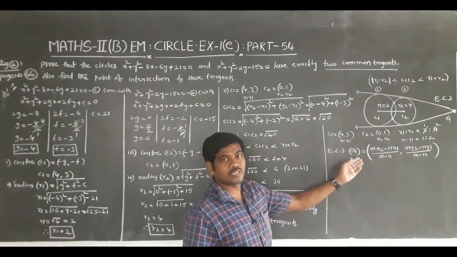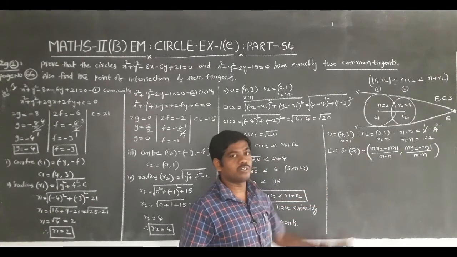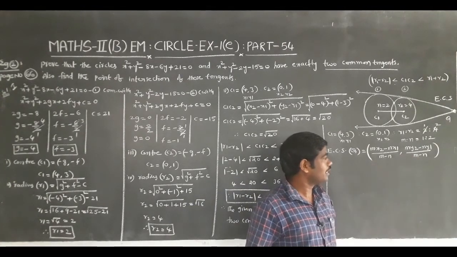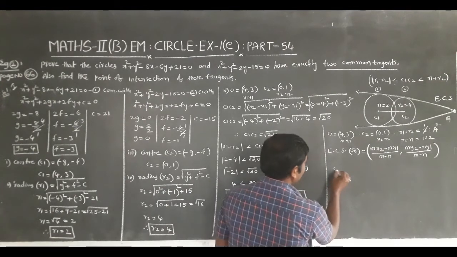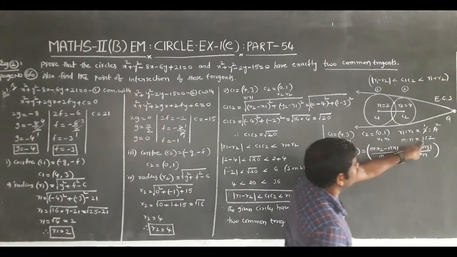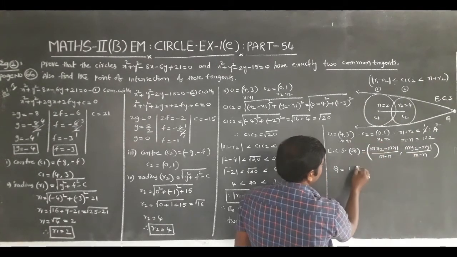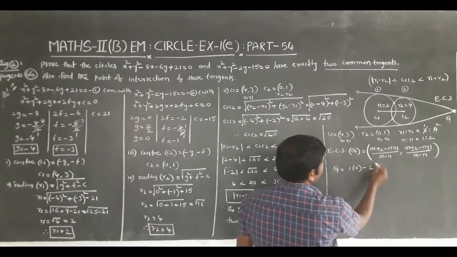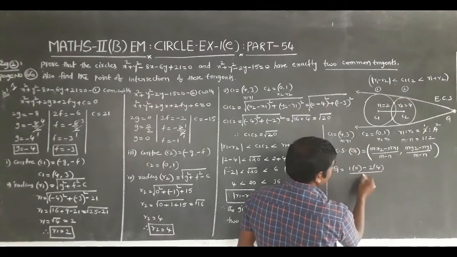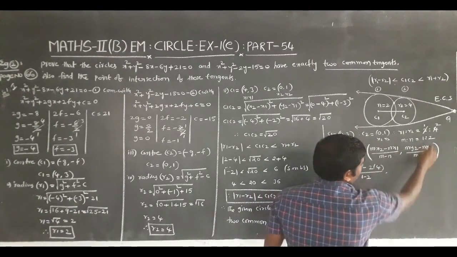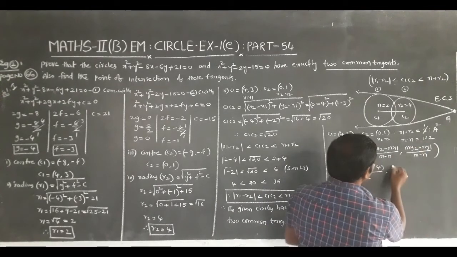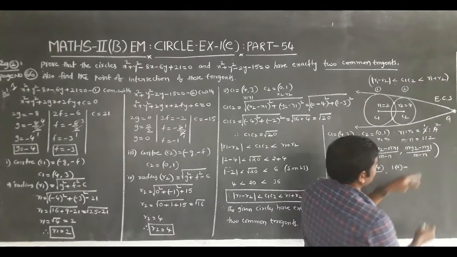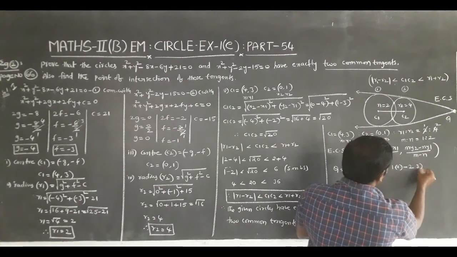So, the external center of similitude Q is equal to ((mx2 minus nx1) by (m minus n), (my2 minus ny1) by (m minus n)). Here m is equal to 1, x2 is equal to 0, n is equal to 2, x1 is equal to 4, m minus n is 1 minus 2; m is equal to 1, y2 is equal to 1, n is 2, y1 is equal to 3.